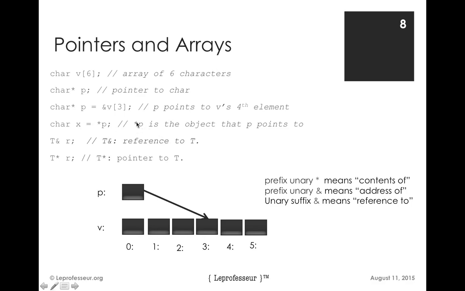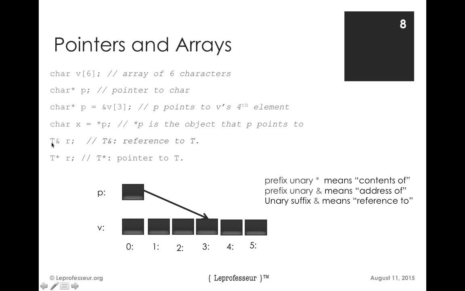So asterisk p is the object that p points to, or the value which is stored in this location where p is pointing. Okay.